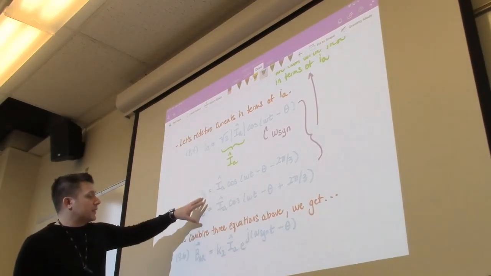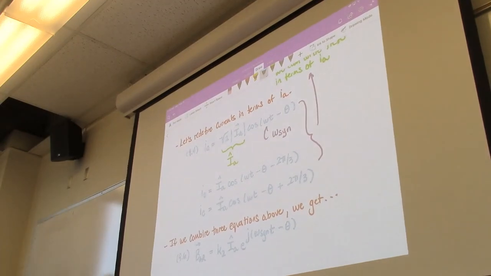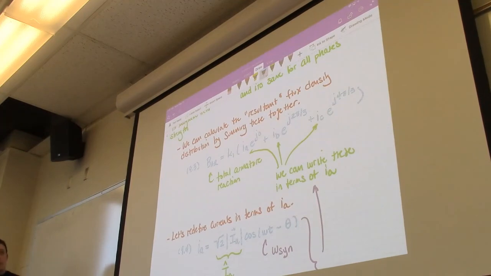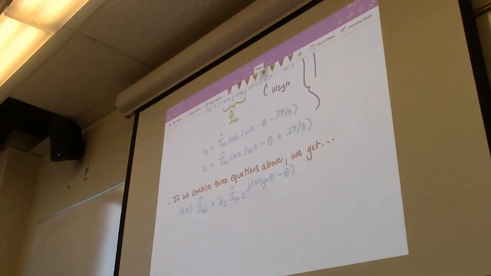So the resultant of summing these three together is that we take equation 9.3, based on three different currents with the assumption that they're balanced, and we end up with one where it's only dependent on the amplitude of what we call the phase A, which is the armature current for all three, and the synchronous rotational speed.